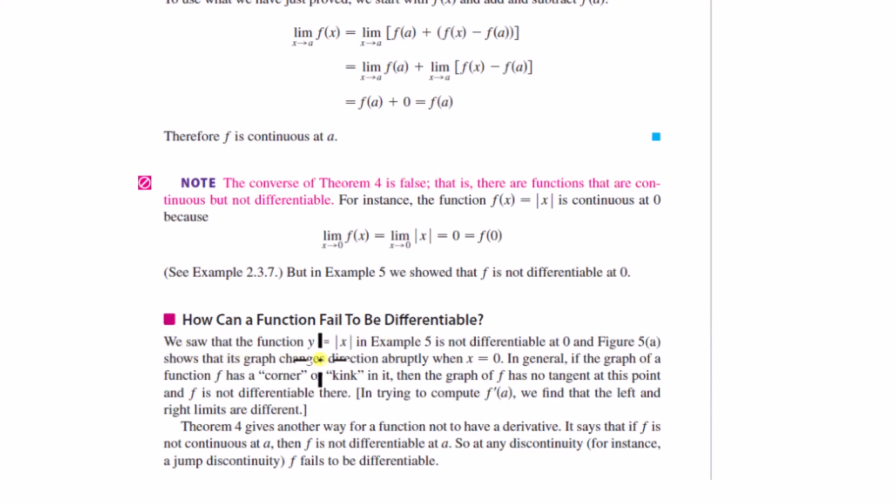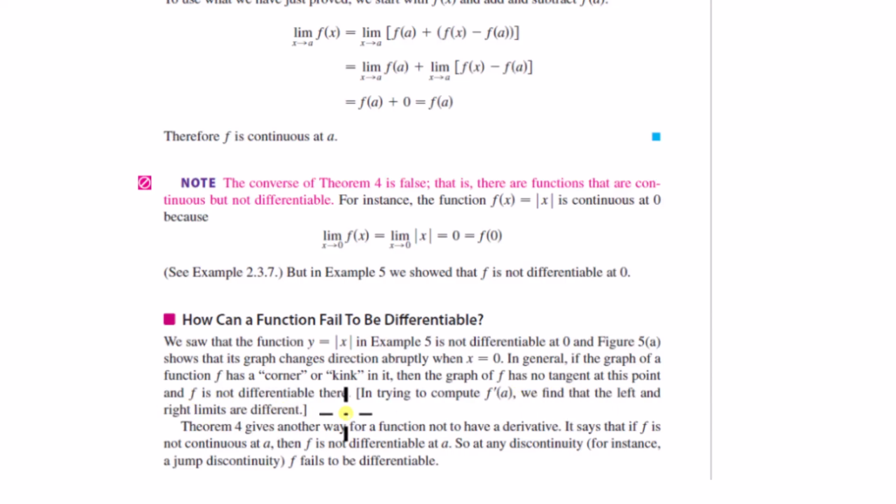We saw that the function y is equal to the absolute value of x is not differentiable at 0, and the graph of the absolute value shows that its graph changes direction abruptly when x is equal to 0. In general, if the graph of a function f has a corner or kink in it, then the graph of f has no tangent at this point, and f is not differentiable there.